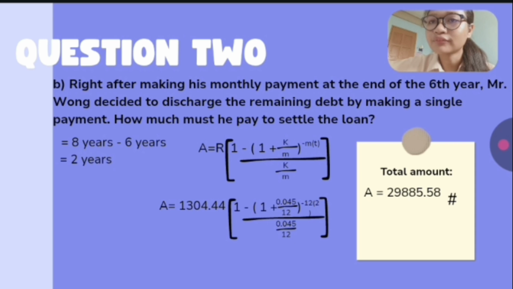Using the formula A equals R times bracket 1 minus bracket 1 plus 0.045 per 12 bracket to the power of minus 12 times 8, per 0.045 per 12, we get R equals 105,000 multiplied by 0.045 per 12, per 1 minus bracket 1 plus 0.045 per 12 bracket to the power of minus 12 times 8. So the answer is R equals 1,304.44.